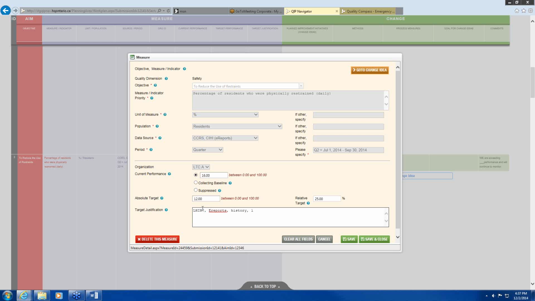There may be literature that you have seen that, if somebody put a certain program in, they were able to get 50% improvement. So it's your choice to be putting in your targets, why you are putting in that specific target.